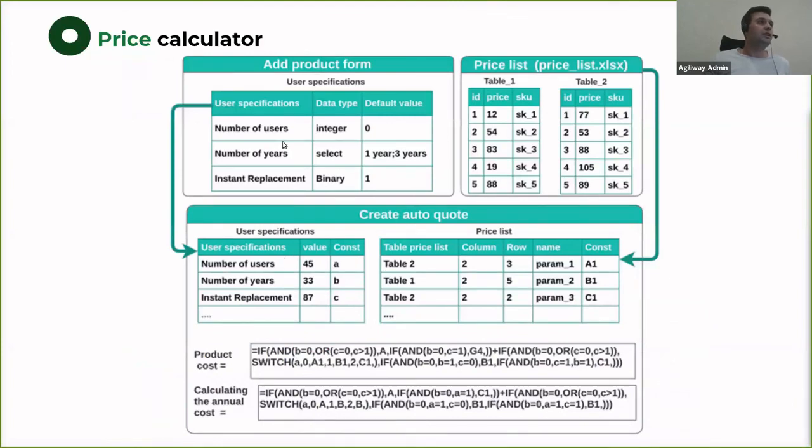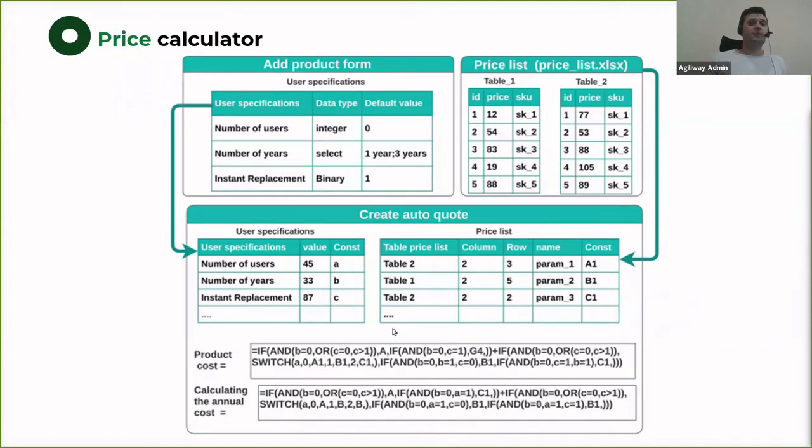Now you can see the user specification from products and the price list. How can we get information about a unique cell? We just have to set the table, and set the column and row.